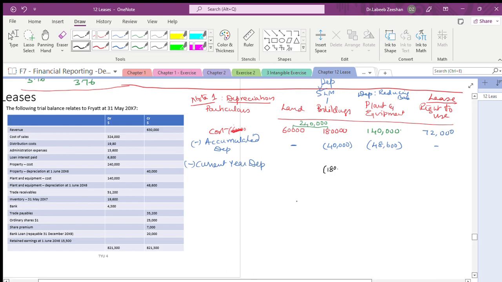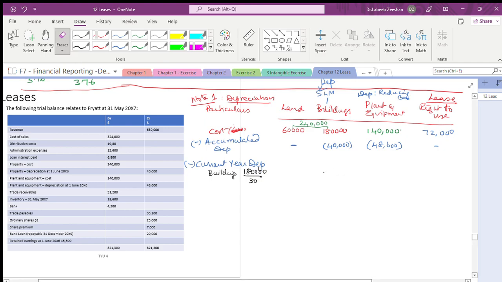I will write here only, we have a lot of space. Buildings: 180 divided by 30.